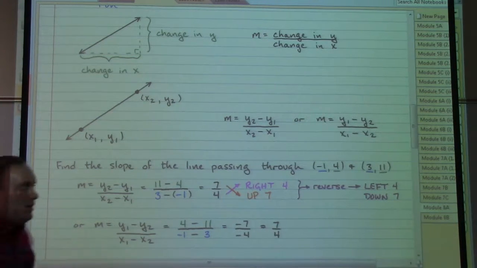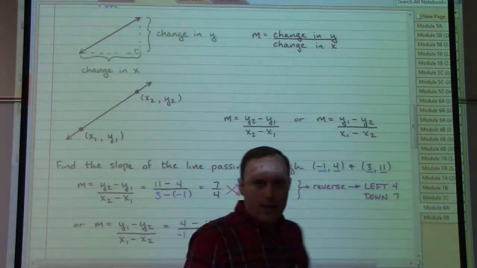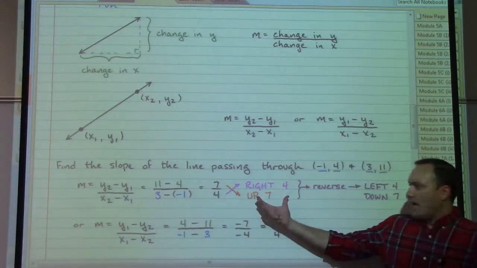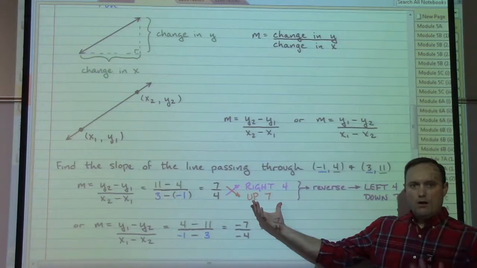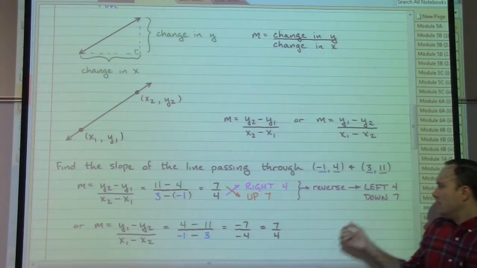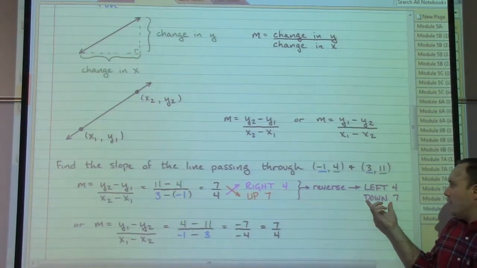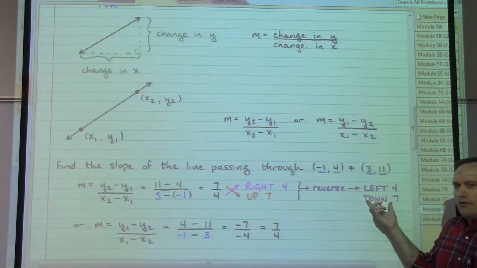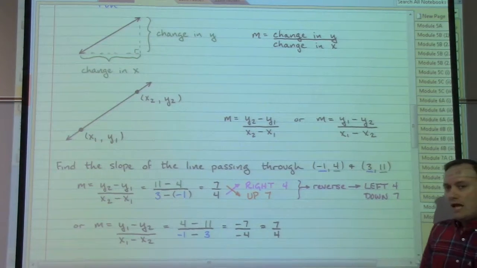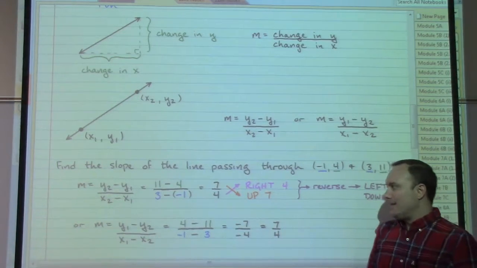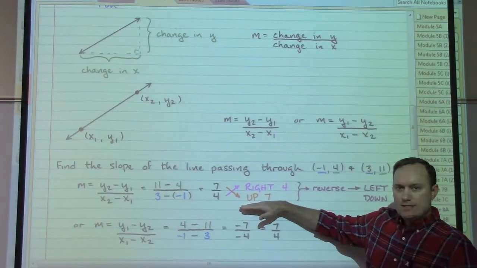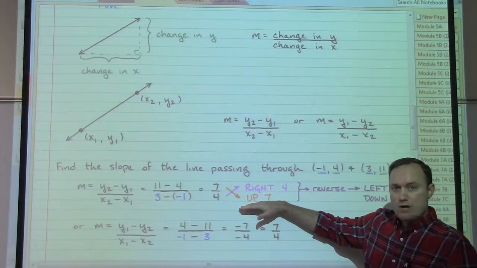I can travel along this exact same line by doing either pair of directions. So if I go to the left 4 steps and down 7 steps, I'm going to be on exactly the same line as this set of directions has me traveling on.